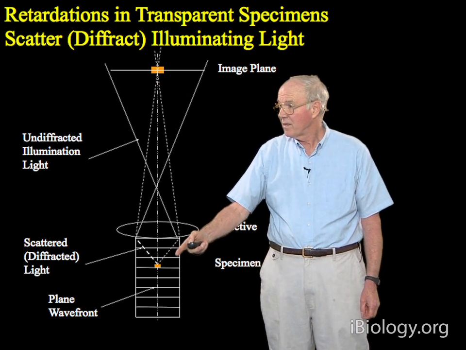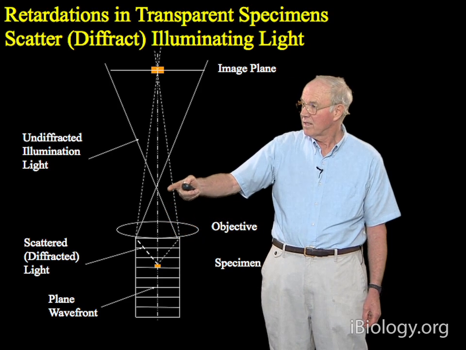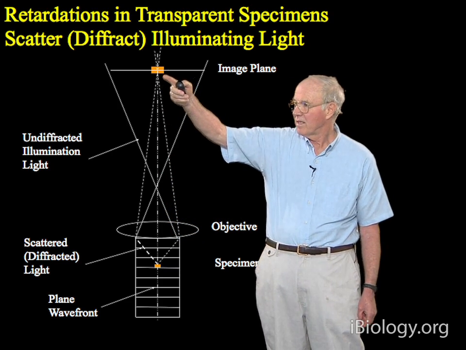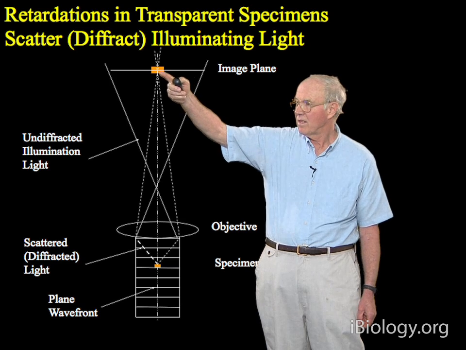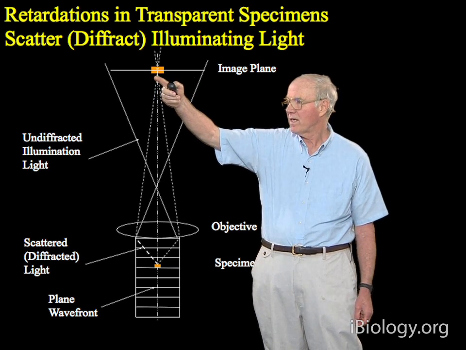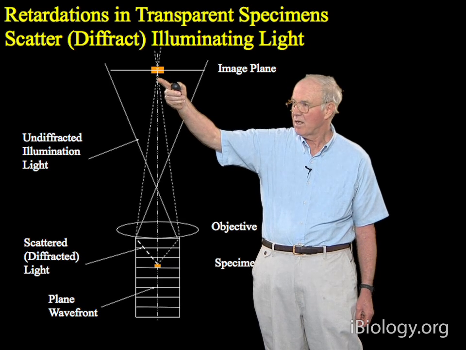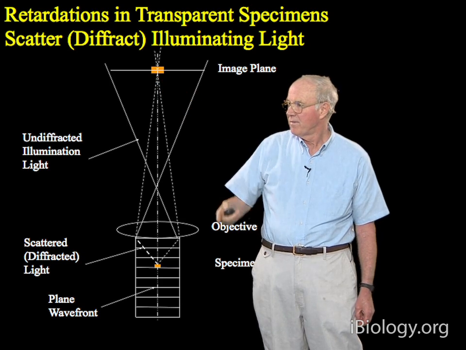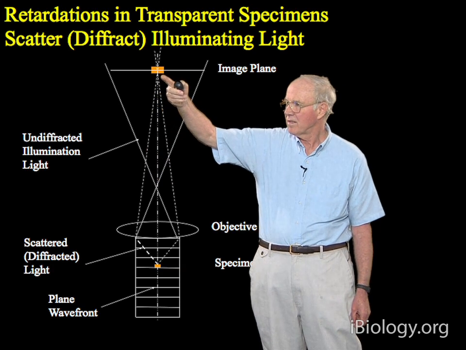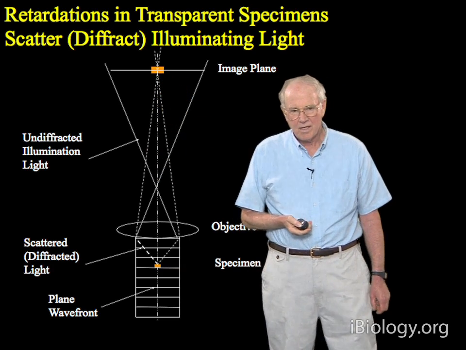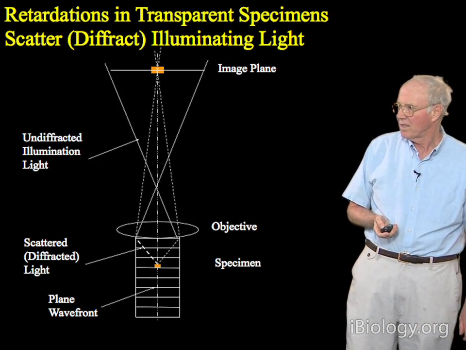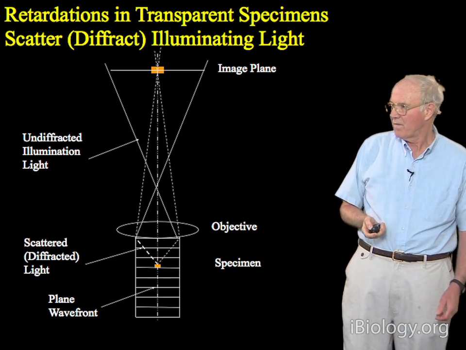Our illuminating beam is actually out of focus on the image plane, and it's the interference of the illumination beam and transmitted light with this scattered or diffracted light that actually generates our specimen image. And for transparent specimens, this interaction generates a transparent image from the transparent specimen, if not otherwise modified.